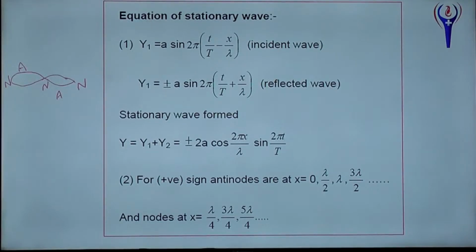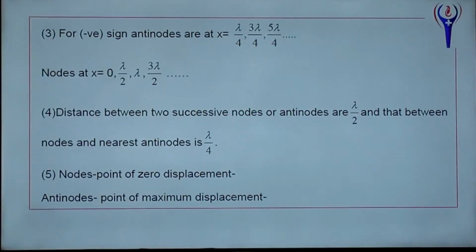For negative sign, antinodes at x equal to lambda by 4, 3 lambda by 4, 5 lambda by 4, and nodes at x equal to lambda by 2, lambda, 3 lambda by 2. The distance between two successive nodes or antinodes is lambda by 2, and the distance between one node and antinode is lambda by 4.